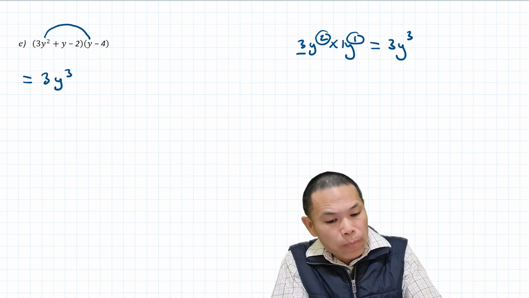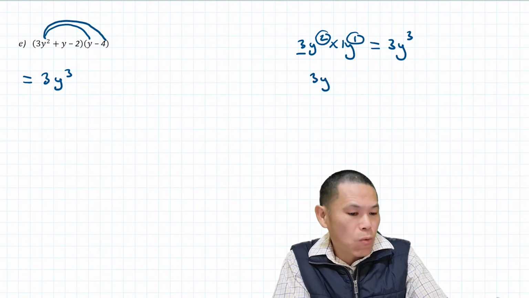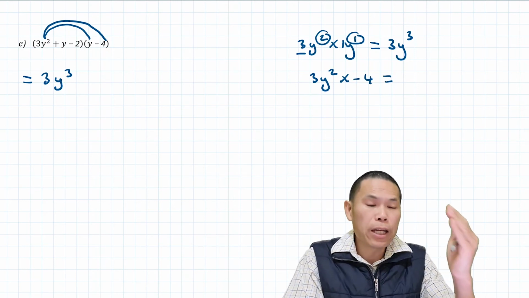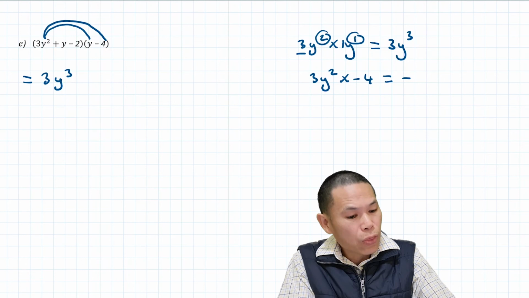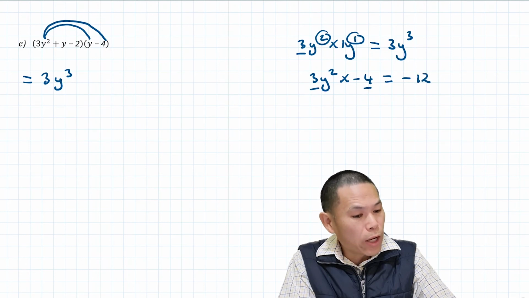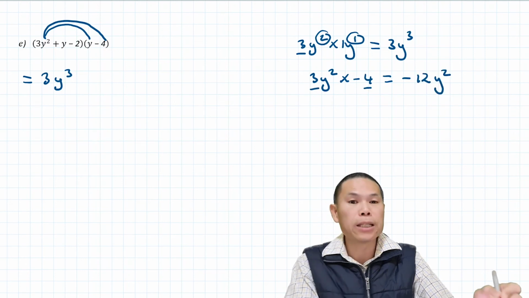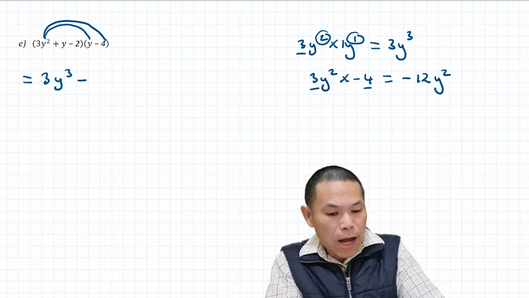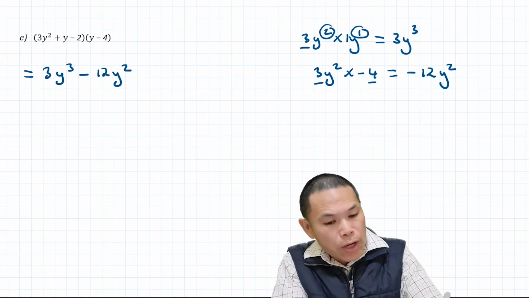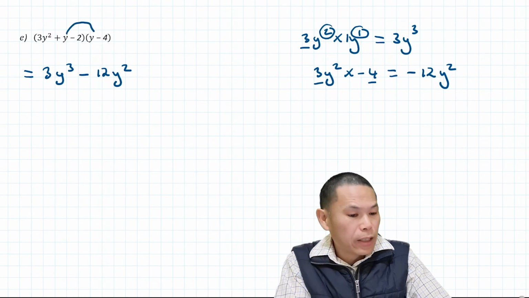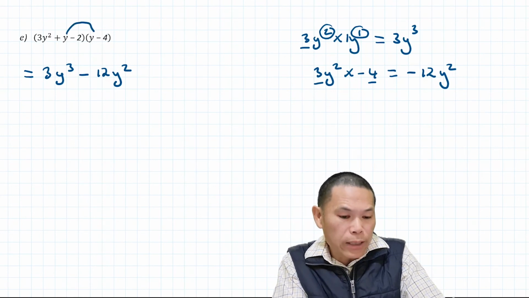So now we go 3y squared times negative 4. We have a positive and a negative, so the answer should be negative. 3 times 4 is 12, and the y squared, we just need to write that down. So therefore, minus 12y squared. Now we have y times y, which is y squared, so plus y squared.